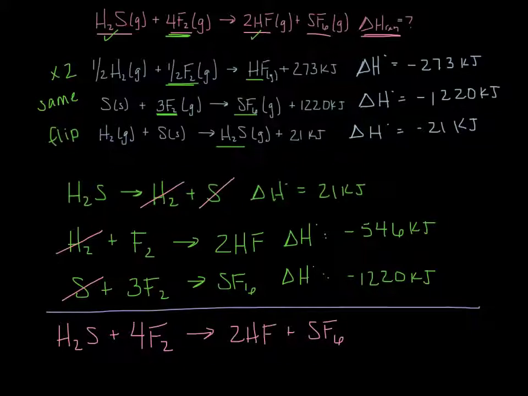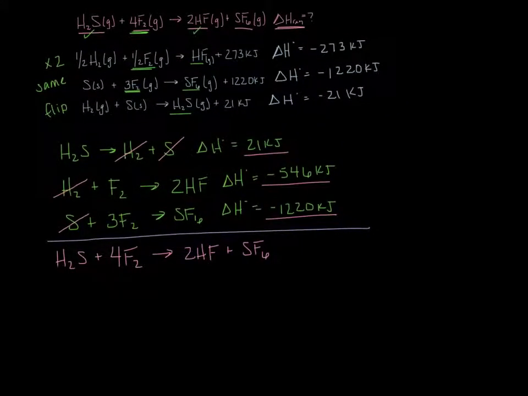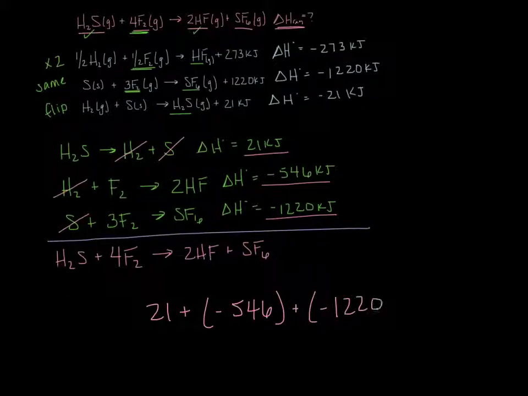So now that I've added my equations and I've made my two pink equations match, I know that I've done my delta H's correctly. So now I need to add my delta H's. So I get 21 plus negative 546 plus negative 1220.